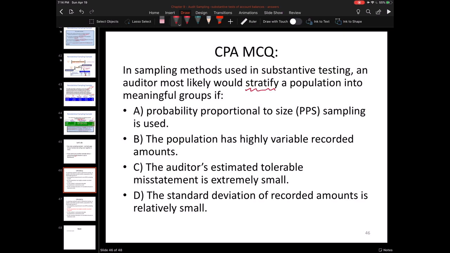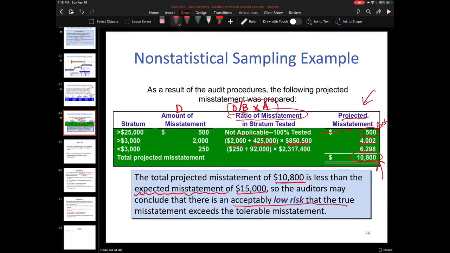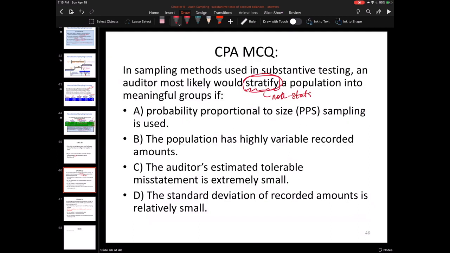So thinking about this question, before I even look at my answer choices, I see this word stratify, and I immediately know, oh, this is like my non-statistical sampling examples, because that's what I was doing here. I was stratifying my population into layers. So I know it's going to be something to do with non-statistical sampling.